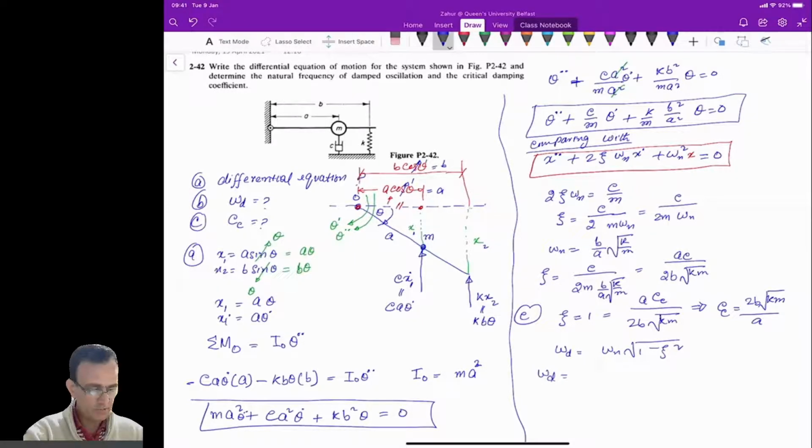If you put in the value of omega n, which is b divided by a square root of k by m, and 1 minus zeta square, where zeta is a c divided by 2 b square root of k m, and simplify this equation, you get the square root of k m over b square, b by a, whole square, minus c divided by 2m whole square.